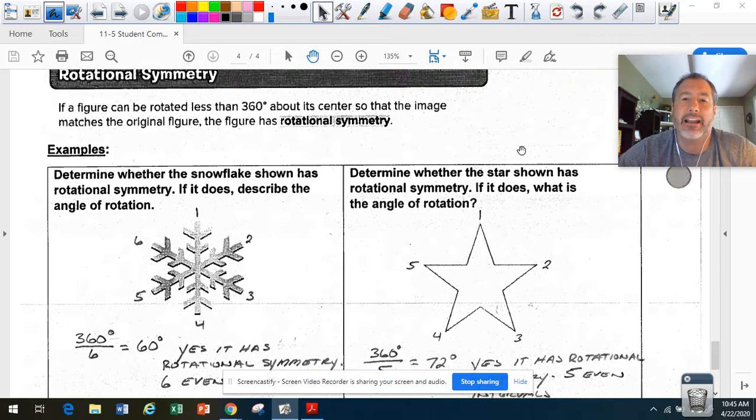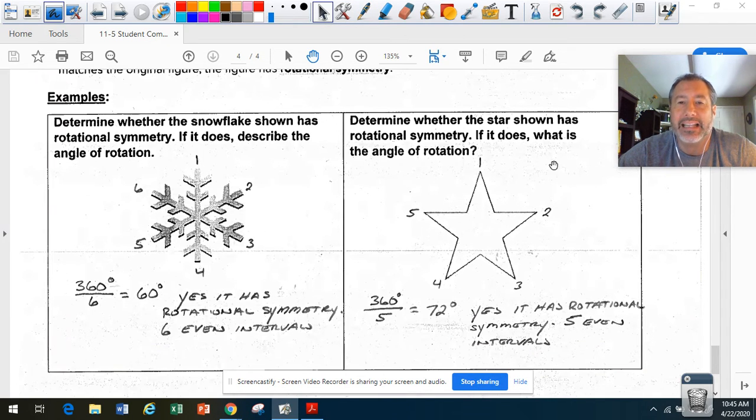Since I need 5 rotations, yes, it does have rotational symmetry with 5 equal intervals. Each time I rotate this, it will be 360 divided by 5, which is 72 degrees.